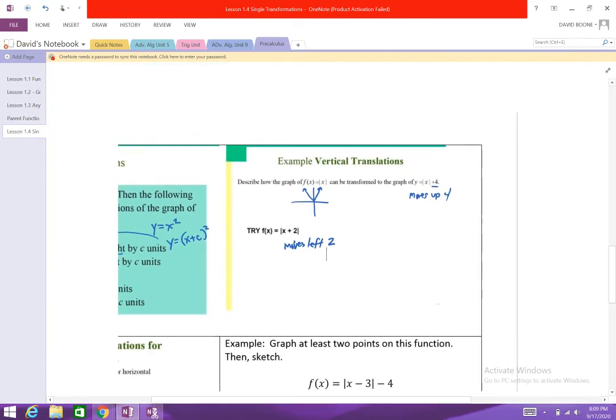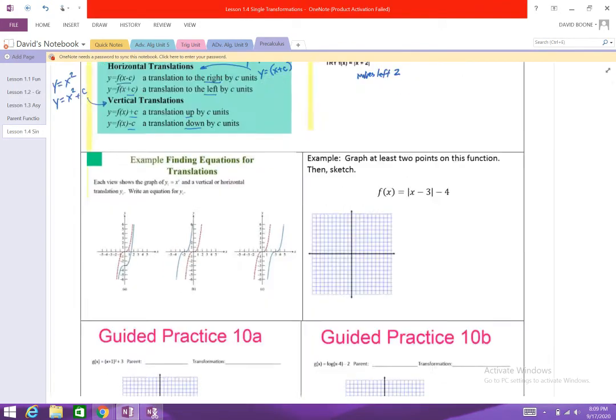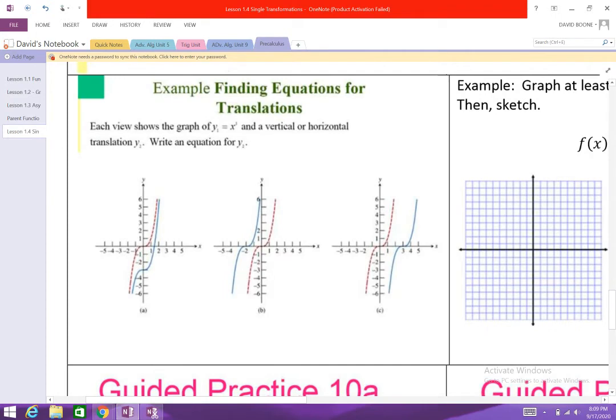Okay, so let's look at this piece right here. What we're going to do here is, just by looking at the graphs, tell whether it has been moved to the left, to the right, up or down, and then write the equation for this.